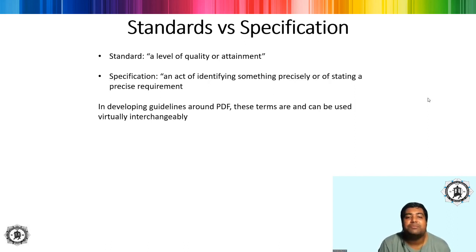That is the meaning of specification, and that is what the difference in these two terms, standard and specification, is all about. Now in our context, we will be using these two terms almost interchangeably when it comes to PDF. I'll explain why we can interchange them, at least in this context, right?